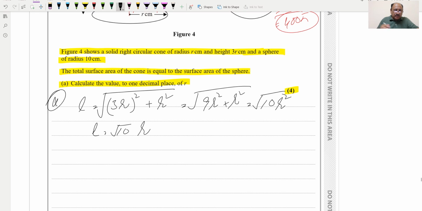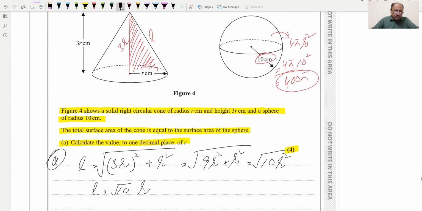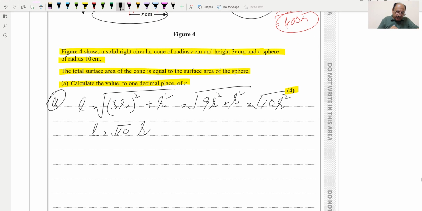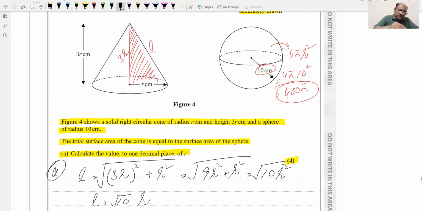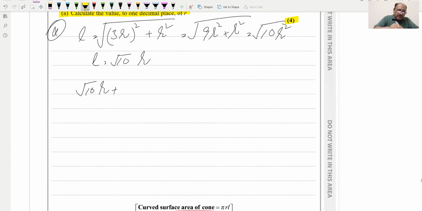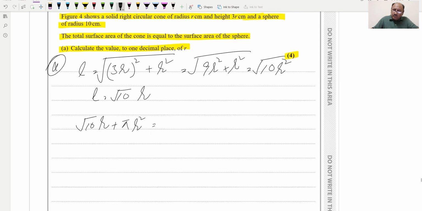Now we know that the surface area of the cone will be pi r L plus the base area. The base area, which I am indicating, is circular, and this will be pi r squared. So we add pi r squared, and this will be equal to 400 pi, which we calculated over here.